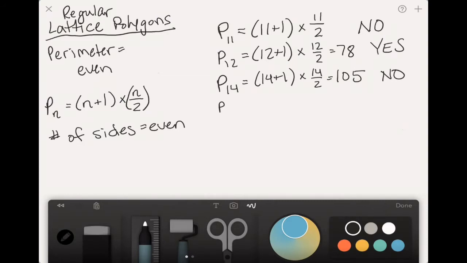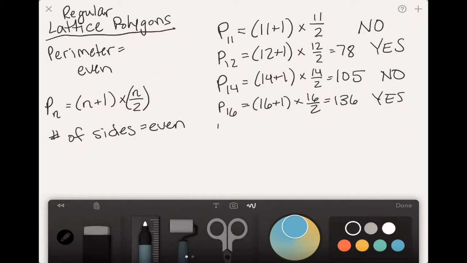Okay, let's try the perimeter of a polygon with 16 sides. So it's 16 plus 1 times 16 over 2. So that's 17 times 8, and that gives us 136. Yes, the perimeter of a 16-sided polygon is even, so we could use it to make a regular lattice polygon.